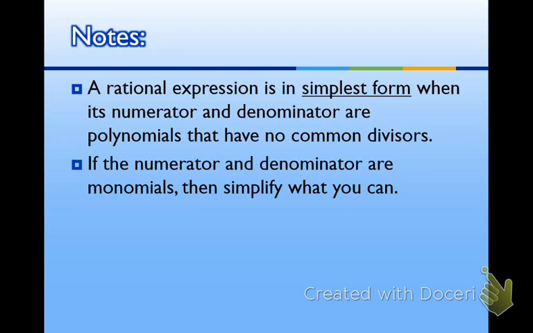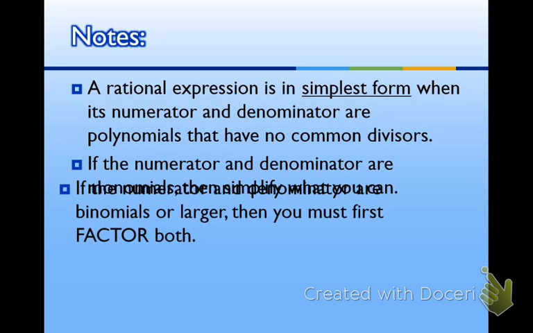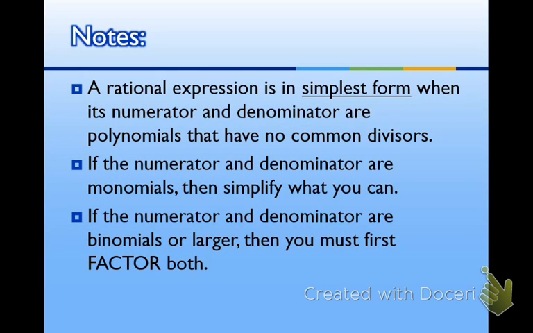If the numerator and denominator are monomials, then simplify what you can, kind of just like simplifying a fraction. If the numerator and denominator are binomials or larger, you must first factor both. So this is why we reviewed factoring for a while there.